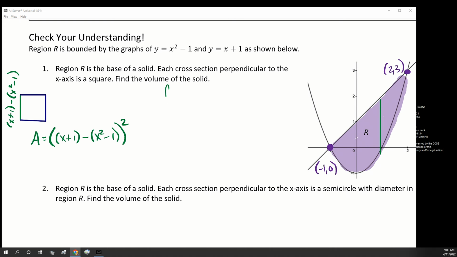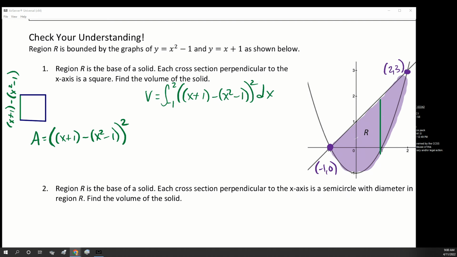All right, so our integral for our volume, what are going to be our lower and upper limits? It's going to be the x's, so -1 to 2 of that thing we just wrote for the area. All right.